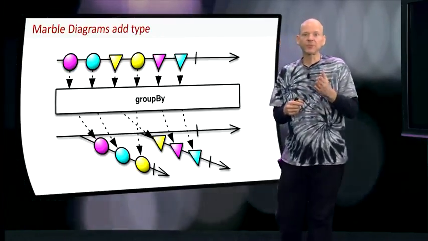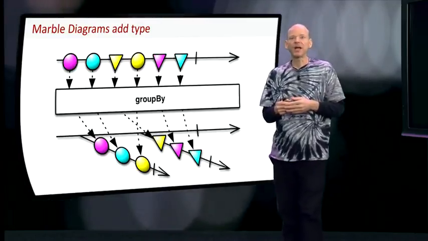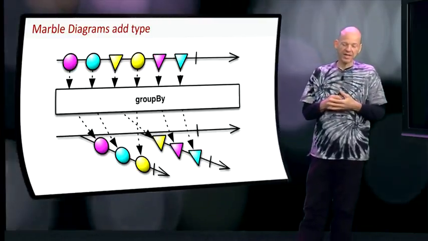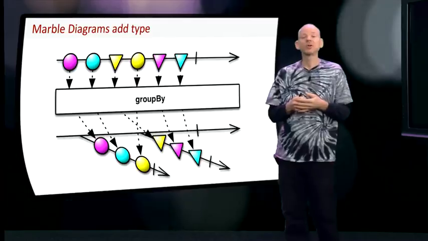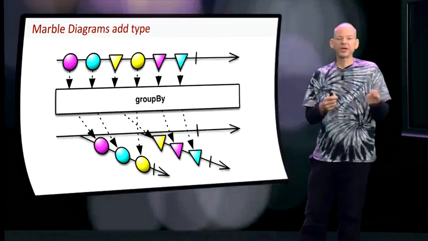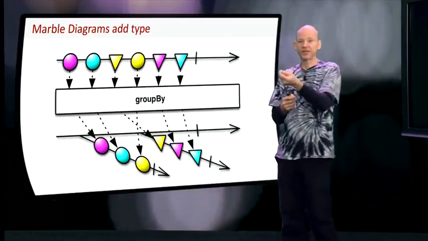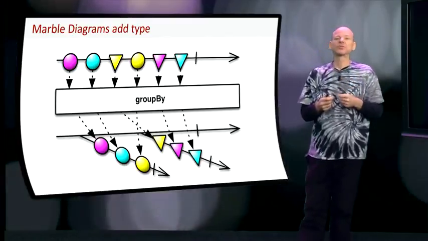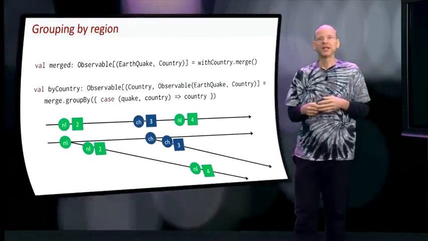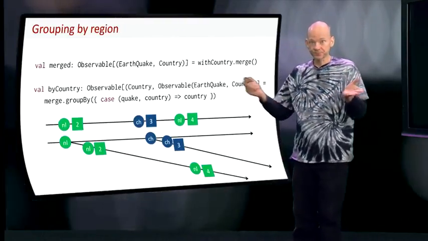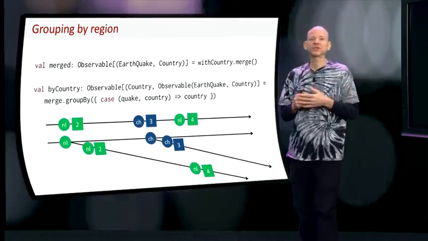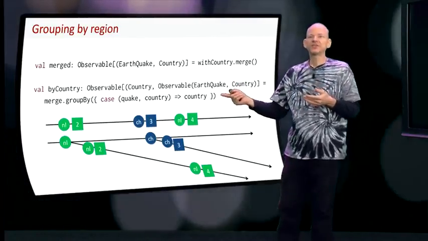All right, the last operator we're going to show is group by. Now that we have reverse geocoded our earthquakes from GPS locations into countries, we want to group the earthquakes by country. Let's start with the merged earthquakes. And here you see it's really simple.